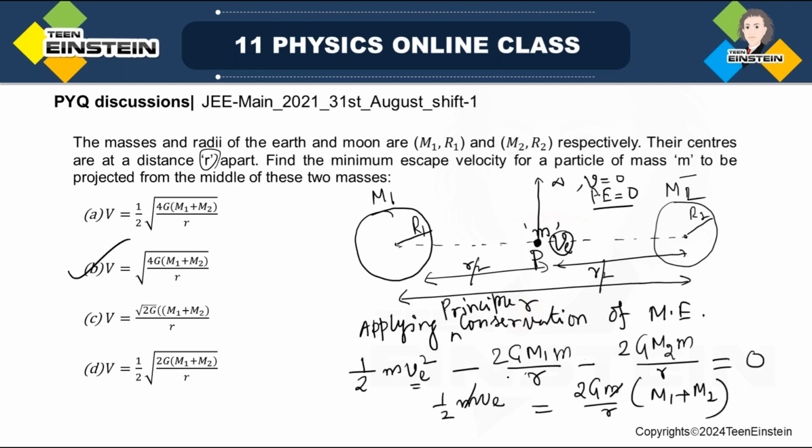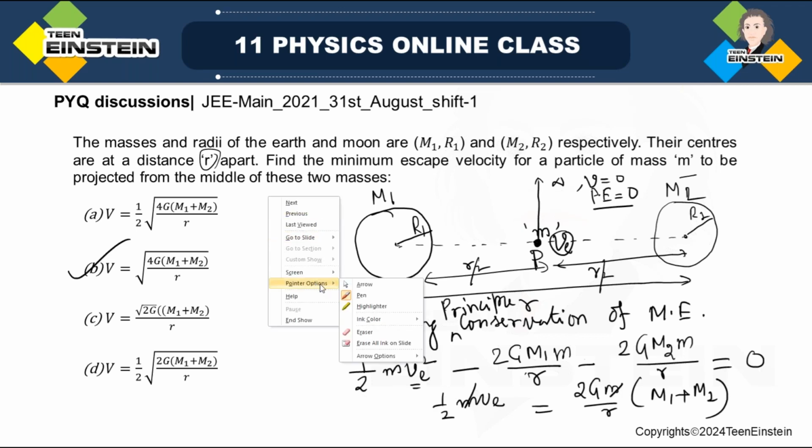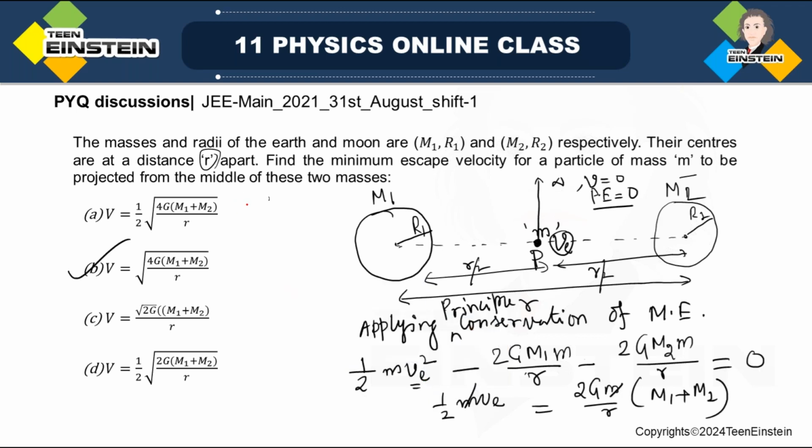Okay, I hope you guys have got this answer. So what was the key concept here? You have to remember two things. One is how to approach the problem, so this kind of problem can be solved. So key points here. One is application of conservation of energy.